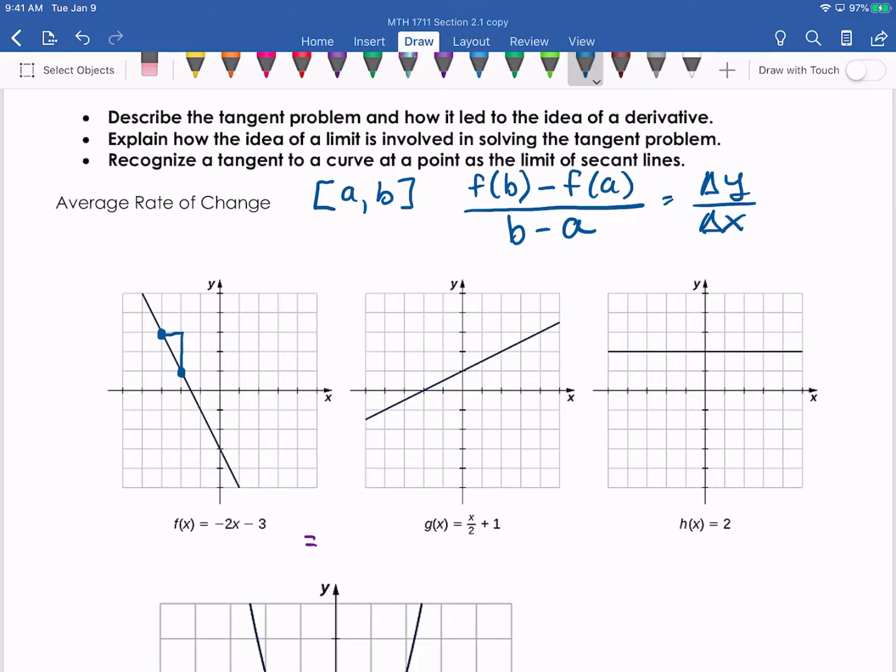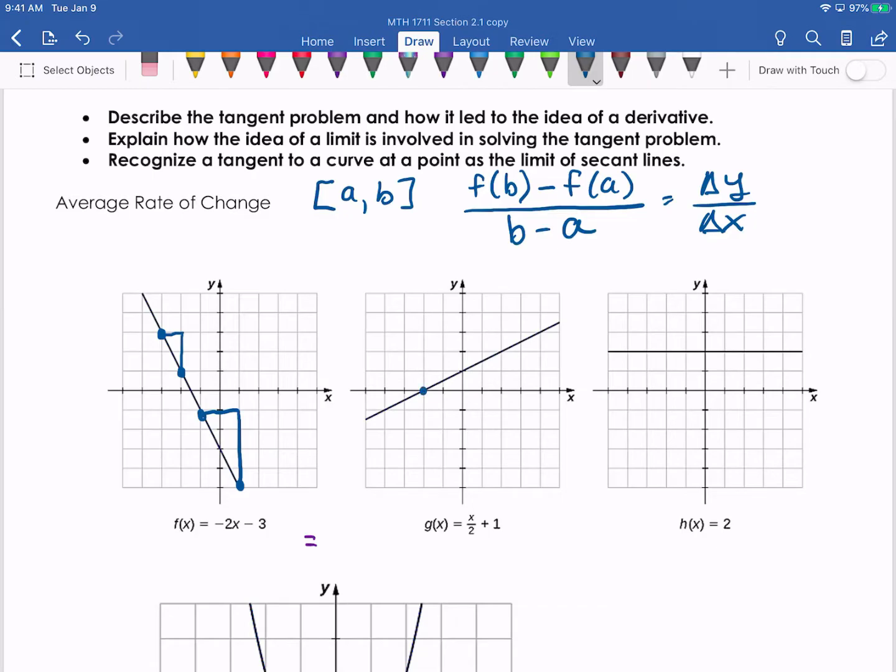If I pick another 2 points, let's say these 2 points here, I'm going to go down 4 and to the right 2, but that has the same ratio of -2 because -4 over 2 is -2. So it doesn't matter which 2 points I pick, I'm always going to get the same slope, which in this case is the average rate of change, right? The change in y over the change in x.